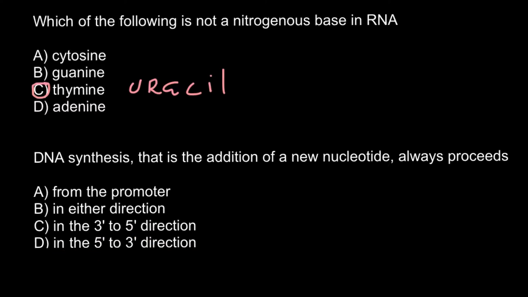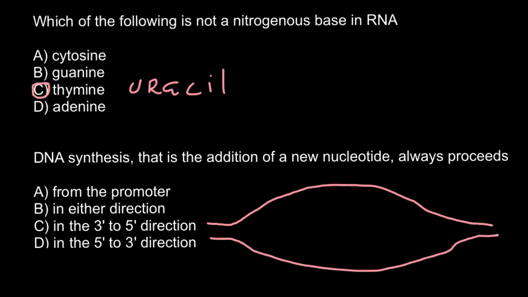And imagine that here we have a replication bubble and two separated strands. Somewhere here in the middle there was the origin of replication, so to this strand of the DNA a new primer would be added.